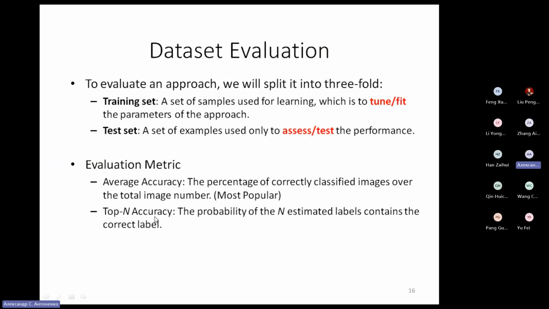And we have one more popular evaluation metric, top N accuracy. Actually, when you run some model, it does not answer with one category, but with a number of categories.